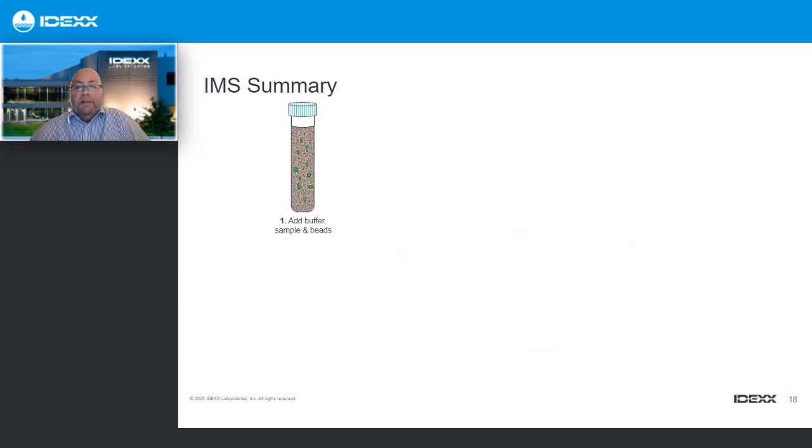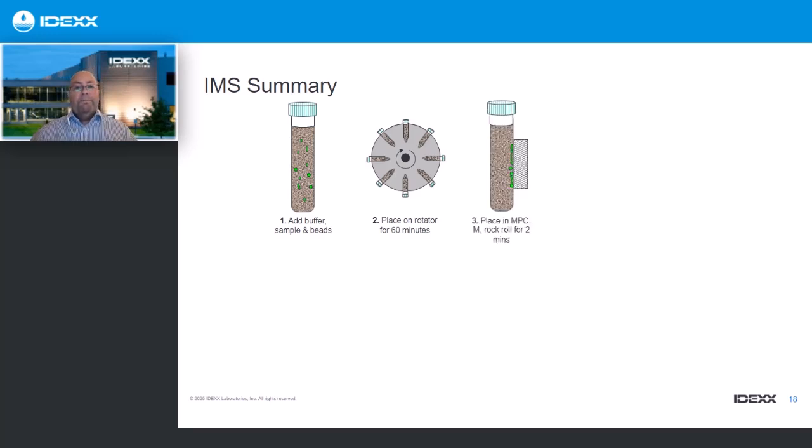The IMS step is quite labor intensive and is one of the most important parts of the technique. In summary, we're taking our concentrated material containing our target organisms and all of the particulates, and mixing it with some buffer and paramagnetic beads. And then we're going to incubate that for approximately 1 hour.